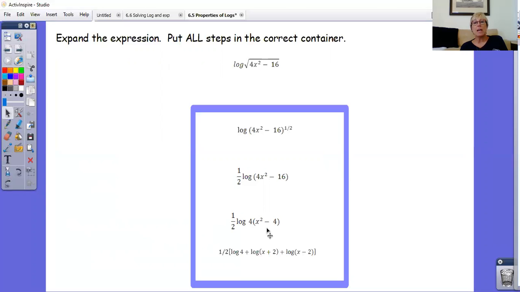And then this x squared plus 4, remember, is x plus 2, x minus 2. So I have this 1/2 bracket, and then log 4 plus log x plus 2 plus log x minus 2. So I really just took this one logarithm and showed all of the different forms that you could possibly see.